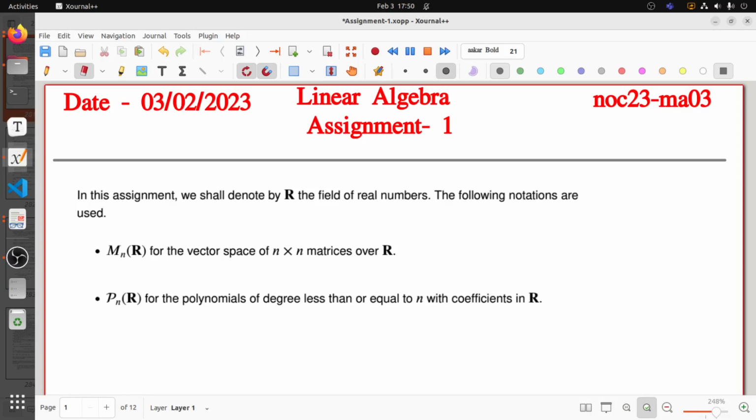So again write 1, 2, 4 as A times 3, 4, 2 plus B times 1, 1, minus 1, meaning 3A plus B, 4A plus B, and 2A minus B. So this is the same as 3A plus B equals 1, 4A plus B equals 2, 2A minus B equals 4, right?